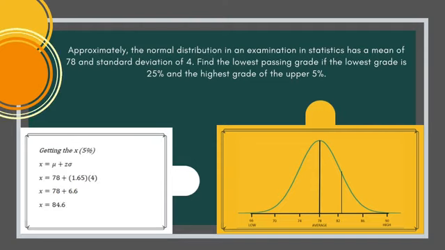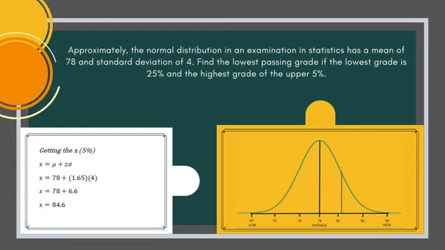Our formula again in getting the value of x is the mean plus z multiplied by our standard deviation. We are now gonna substitute our given and we'll have x is equal to 78 plus 1.65 multiplied by 4. Isimplify natin by multiplying 1.65 and 4, which will be 6.6, and then we will be left with x is equal to 78 plus 6.6.